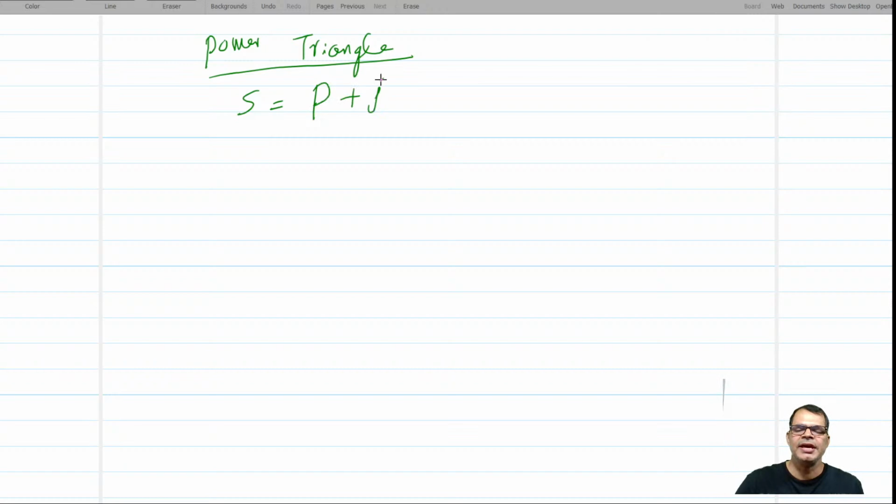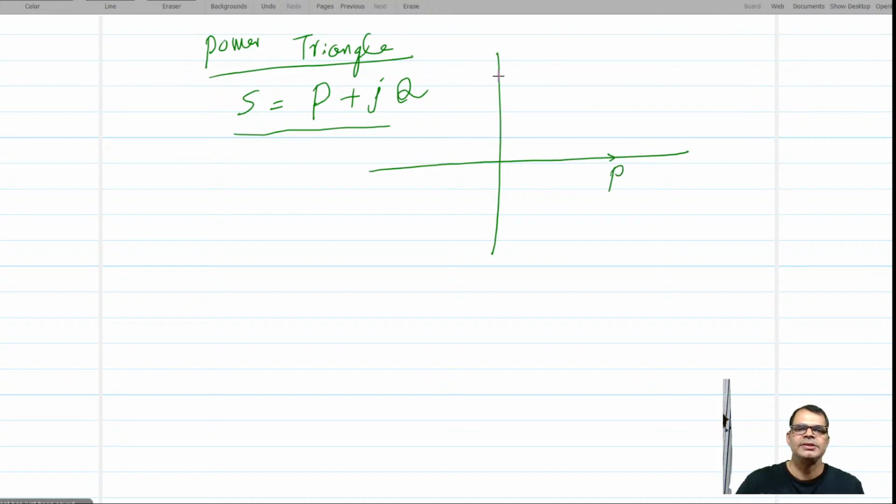Now move to the power triangle. You know that you have S, which is equal to P, that is the average power, plus jQ, that is the reactive power. You know how to represent a complex power in the complex plane: P plus jQ. If this is your P and this is your Q, I can draw it like this.